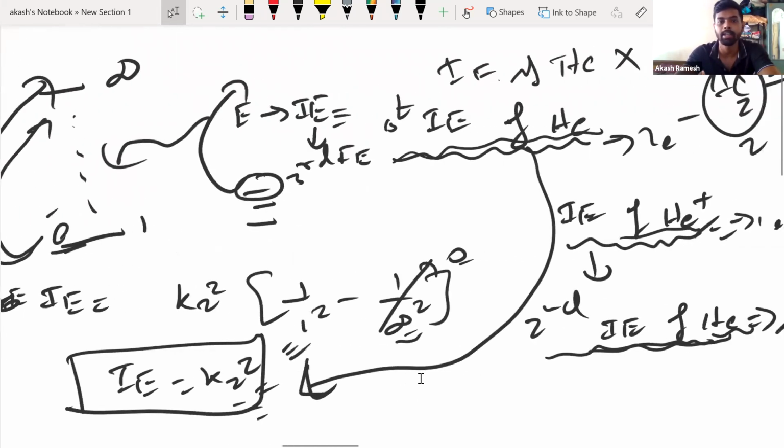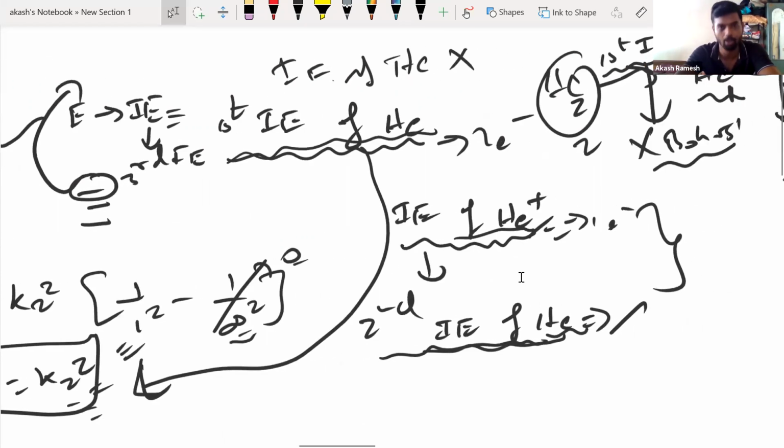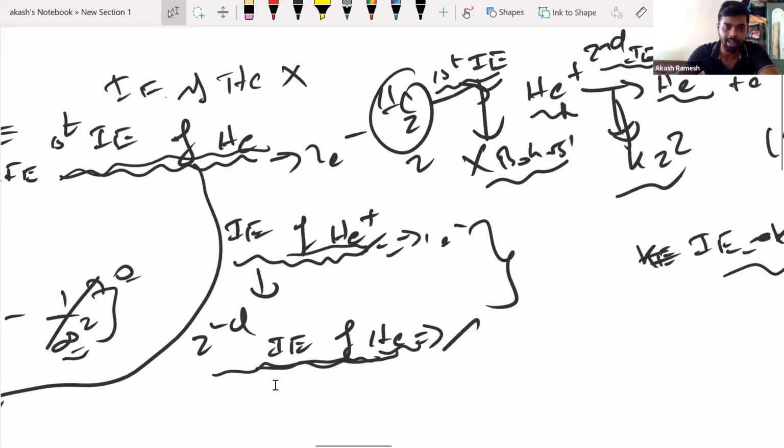Very importantly, I told you that Bohr's atomic theory will work only for single electron species. It will work for He plus, it will work for Li2 plus, it will work for H alone. But if you have helium or lithium, it will not work. So I will not be able to do the first ionization of helium, but I'll be able to do the second ionization enthalpy of helium, because only He plus contains 1 electron.